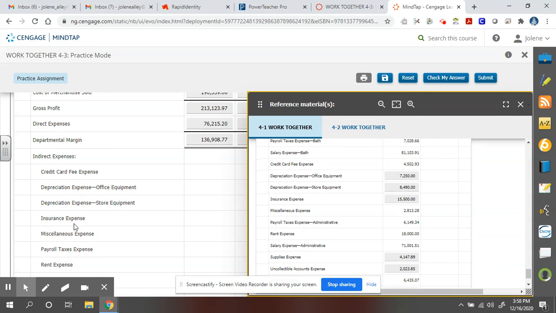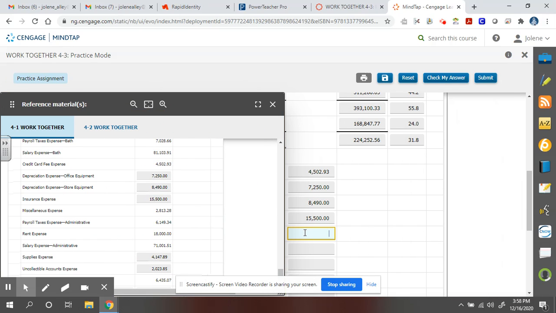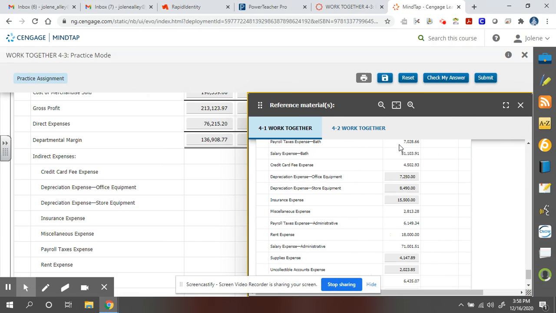Next line asks us for miscellaneous expense, which is $2813.28. After miscellaneous, it asked for payroll tax expense.